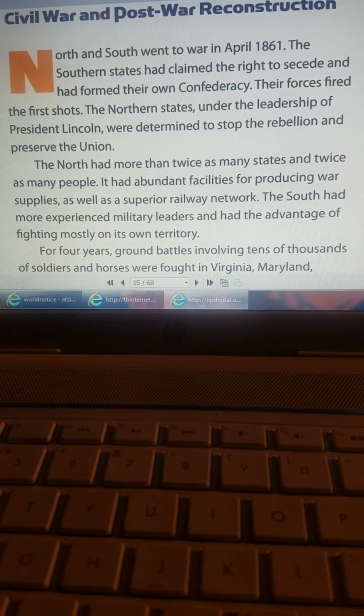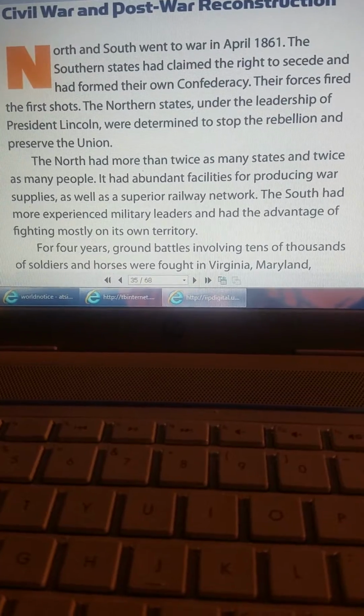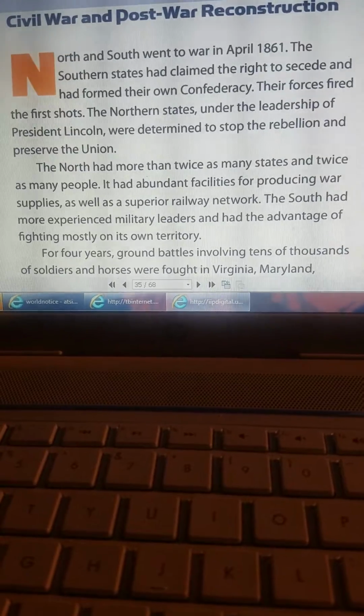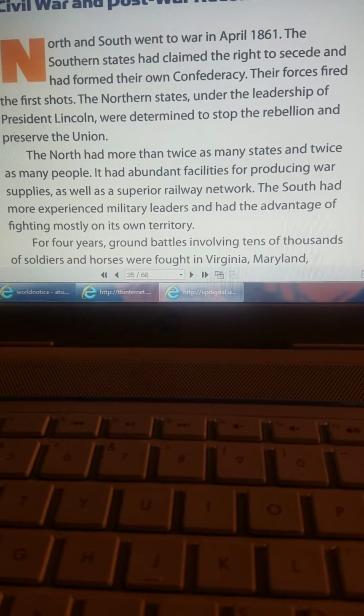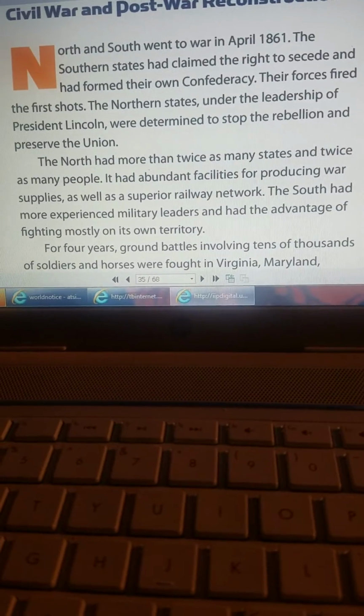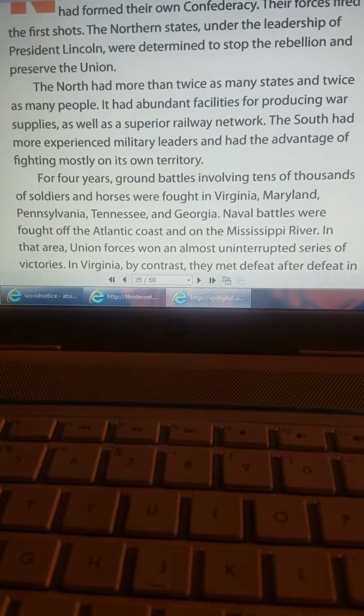It had abundant facilities for producing war supplies, as well as a superior railway network. The South had more experienced military leaders and had the advantage of fighting mostly on its own territory.